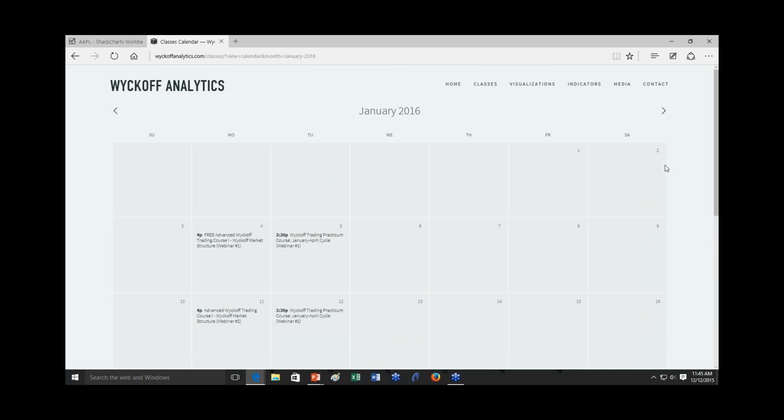Ron and I agreed that we're going to have a mutual session together on that feature, and he will be talking about the VPA as a feature of the software, and I will be talking about VPA signals in the context of the Wyckoff structure. I'm really excited about that session, and it's probably going to be on December 28th.